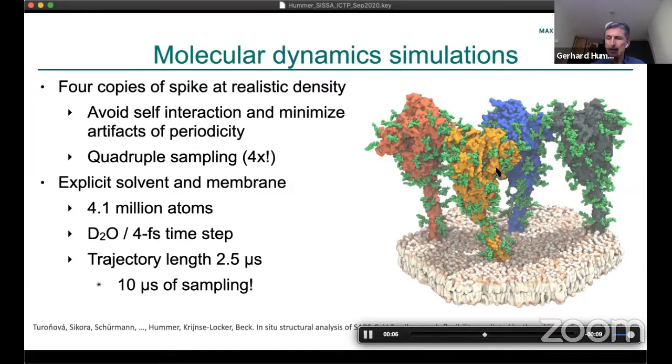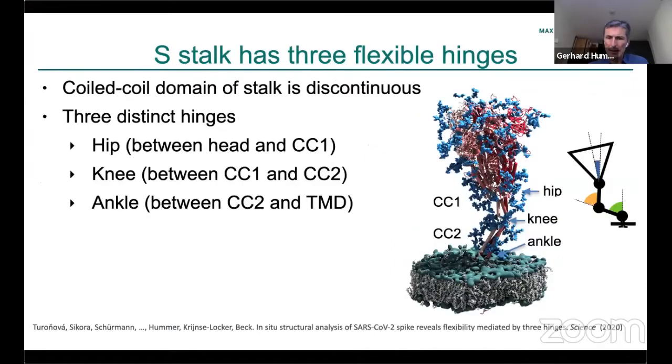It indicates the spike is actually sitting quite flexibly on the viral surface. And that is illustrated here in more detail, where we emphasize the joints in the viral stalk that we termed hip, knee, and ankle, with head or body, upper leg and lower leg forming the more rigid parts of the protein.